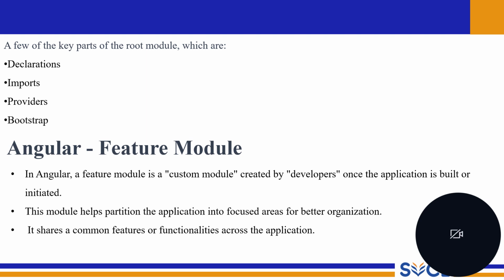The imports are an array which lists all the other modules whose exported classes are needed by the components in this module. As you can see, the imports contain the AppRoutingModule and the BrowserModule. And then providers. The providers are an array which lists the services available to the injector and can be used throughout the module. The final one is bootstrap.